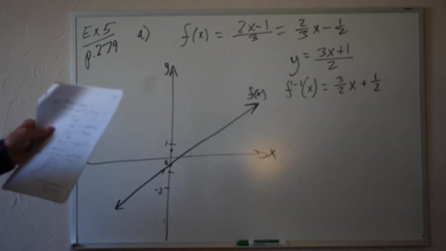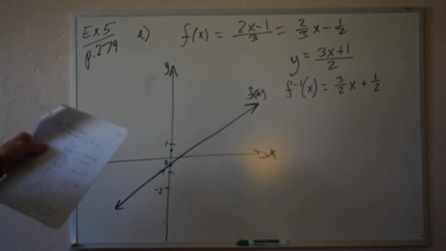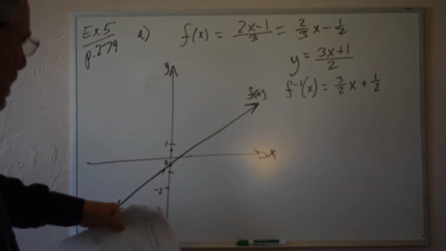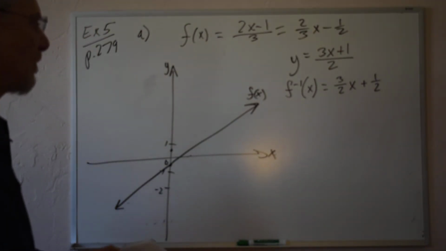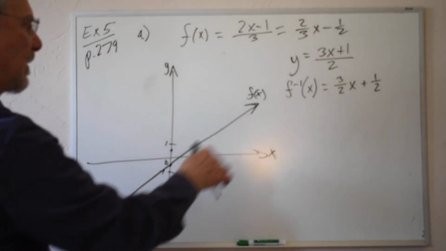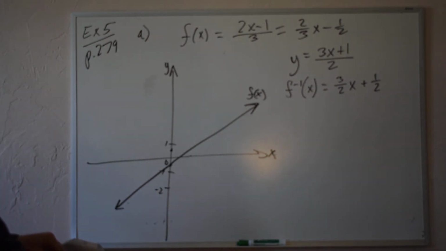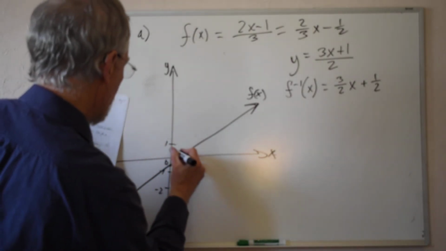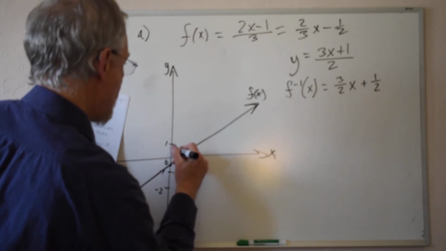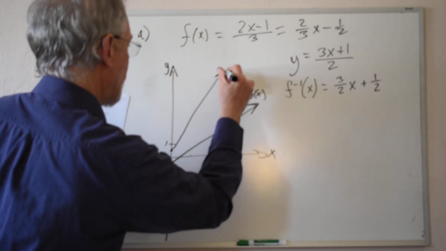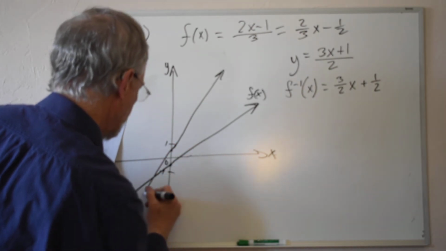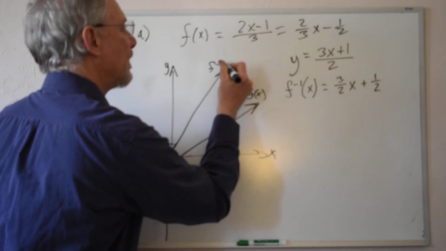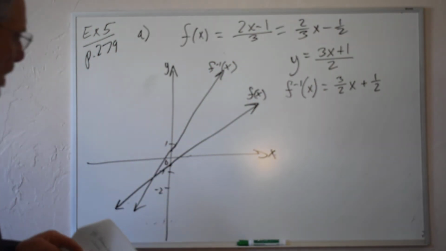Oops, I drew this one kind of poorly. Yeah, let's fix that. A slope of 3/2 is steeper. Okay, this is all right. Steeper than that 45-degree angle. So this is f inverse of x.